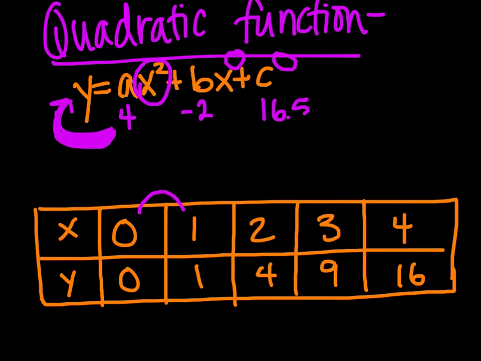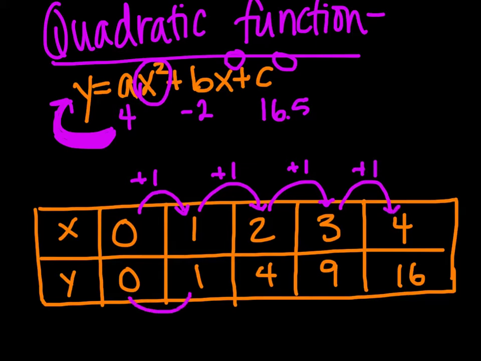So if I go from 0 to 1, all I'm doing is adding 1. And we can see a pattern here. If I go from 1 to 2, we're adding 1. 2 to 3, adding 1. 3 to 4, adding 1. If I look at the bottom part, we're adding 1 here.